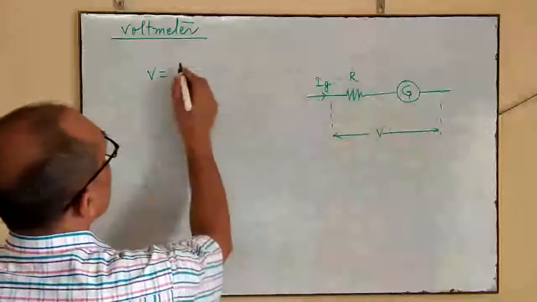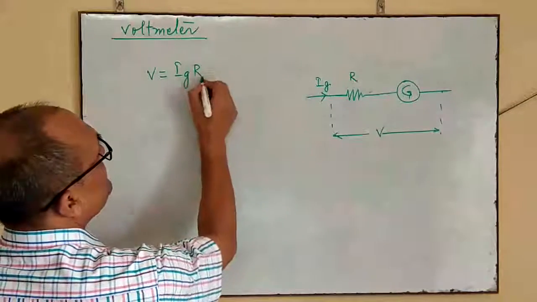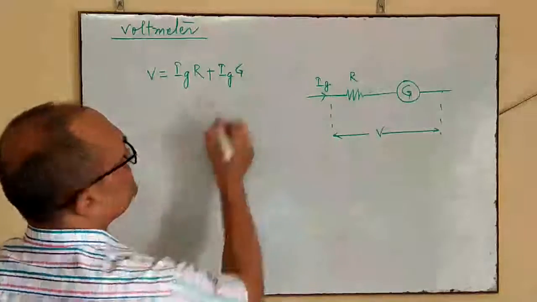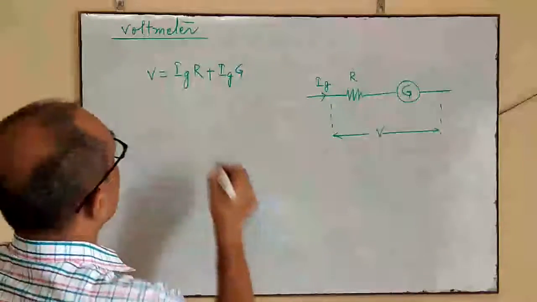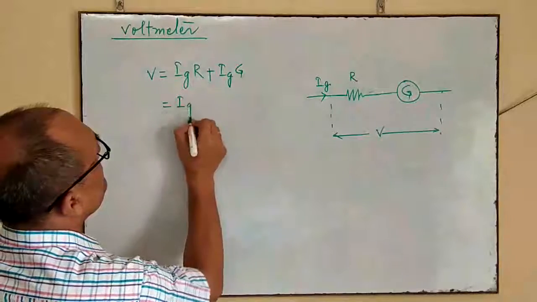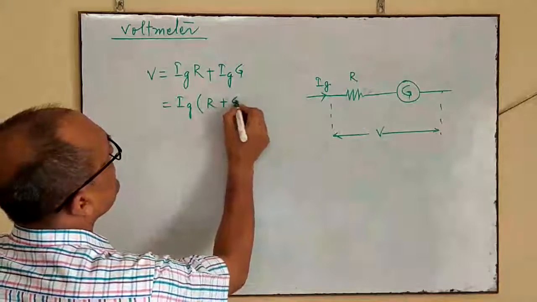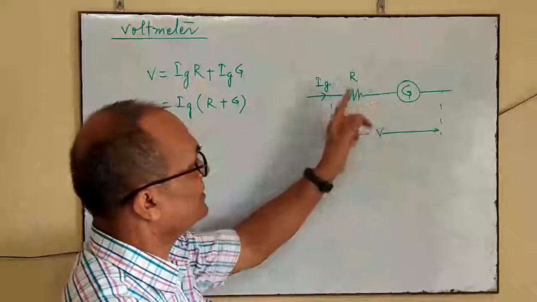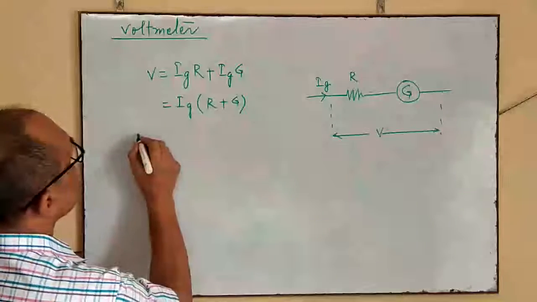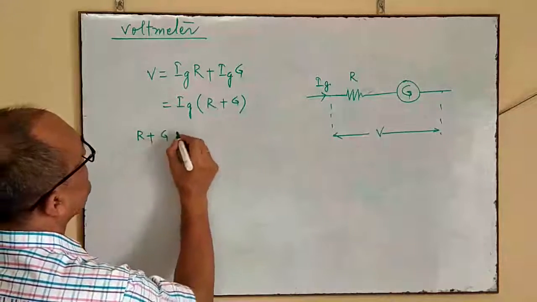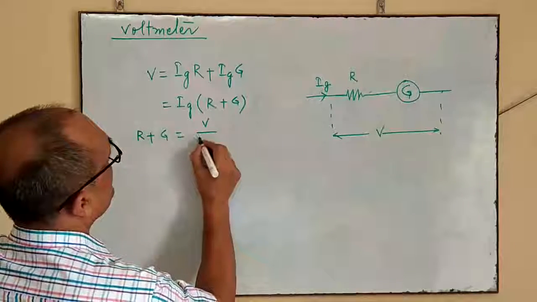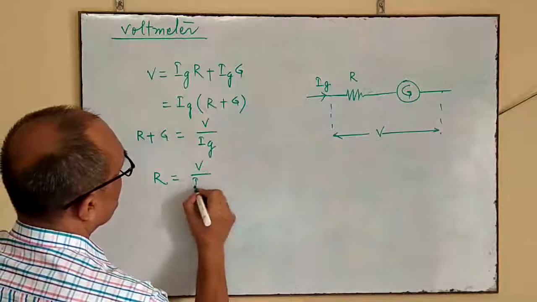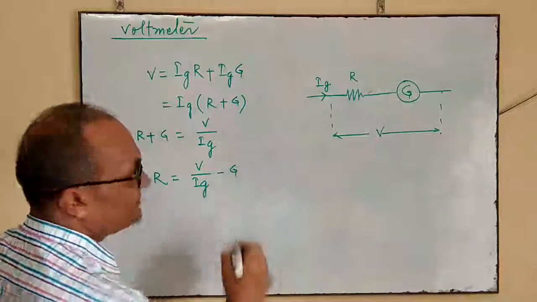So that is Ig R plus Ig G. Here Ig can be taken as common, then R plus G. Now we are going to find the value of R. So R plus G equals V by Ig, and R equals V by Ig minus G.